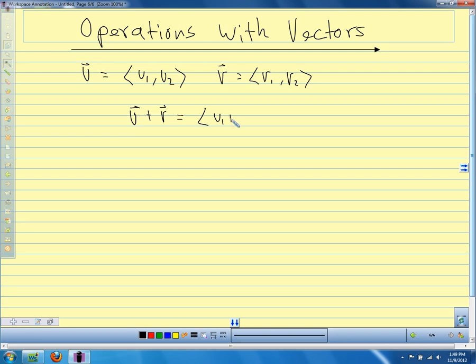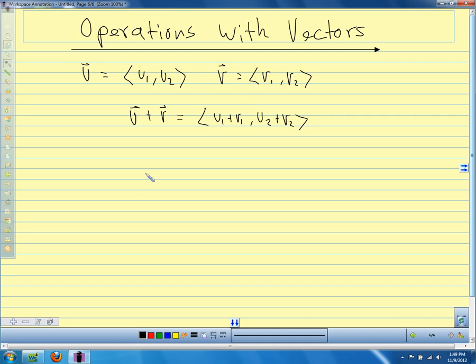That's the vector u1 plus v1, u2 plus v2. So I add the x components, I add the y components. If I subtract, I subtract the x components and I subtract the y components. I'm doing the subtracting component by component.